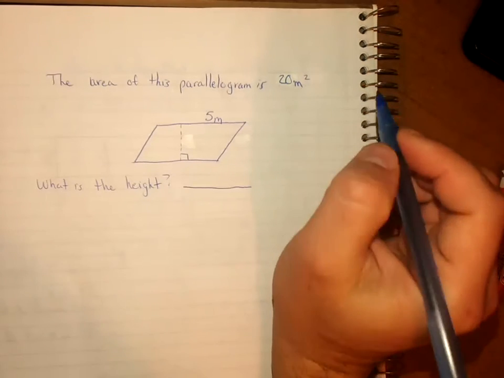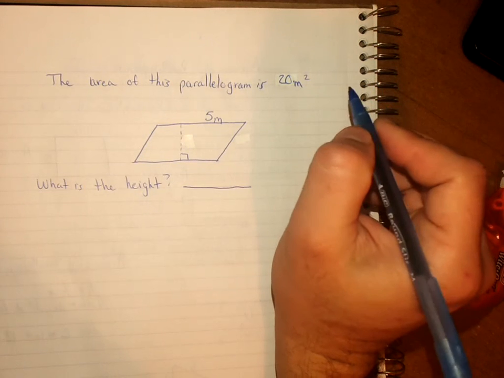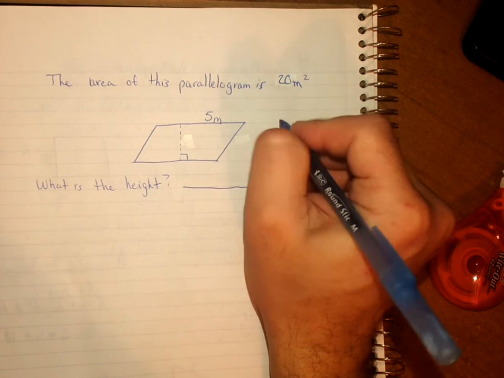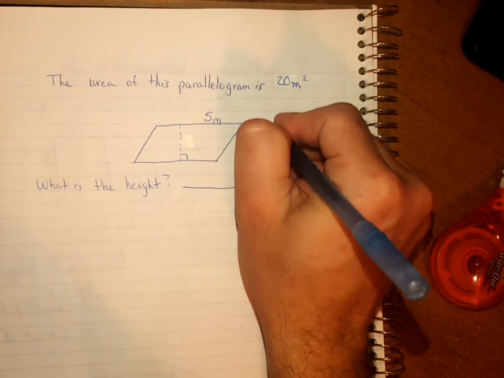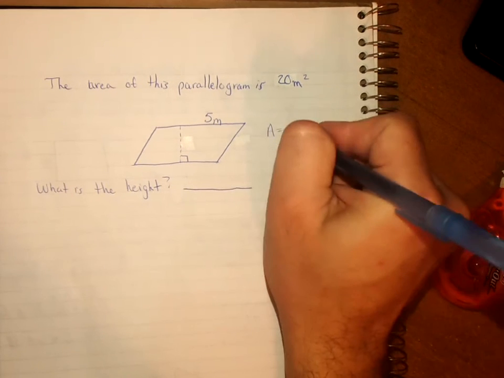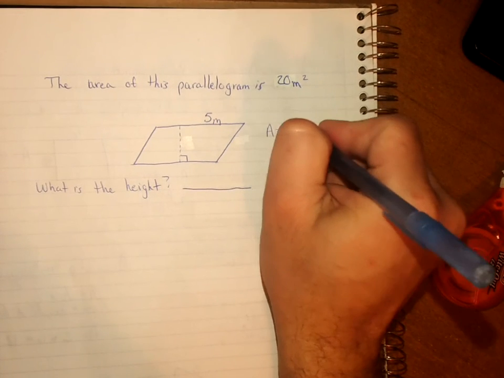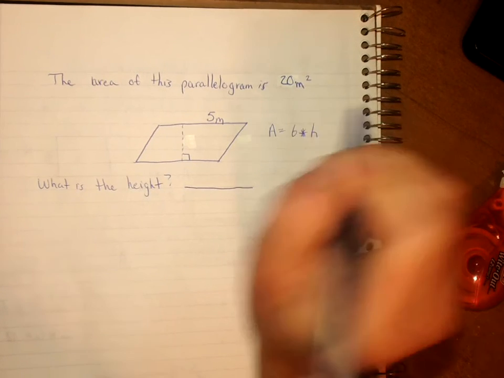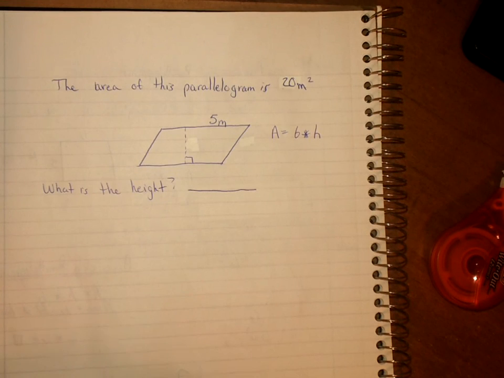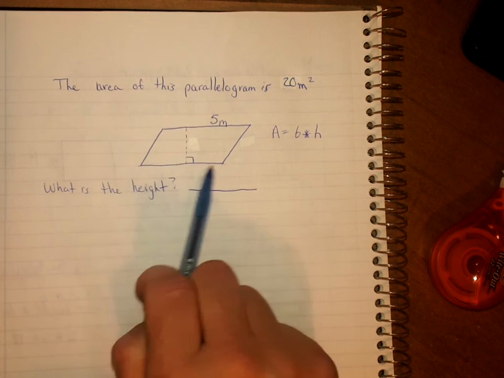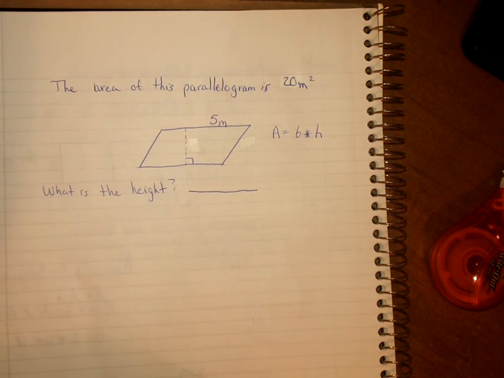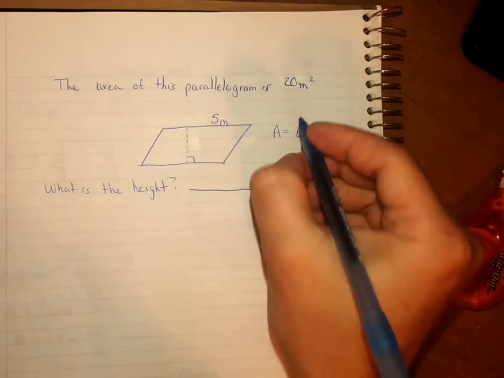I'll give you a couple hints. You can pause as much as you want. Think about it. If you think you can get it without the hints, I'll give you one hint here. Area equals base times height. The height's missing. Area equals base times height. You know the area is 20.